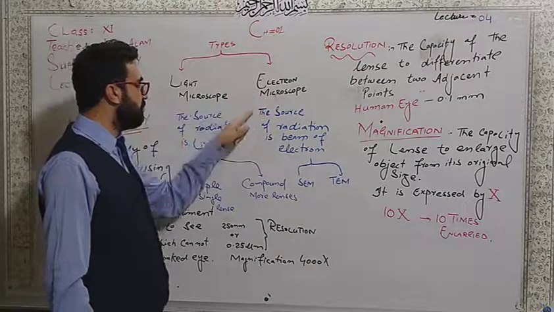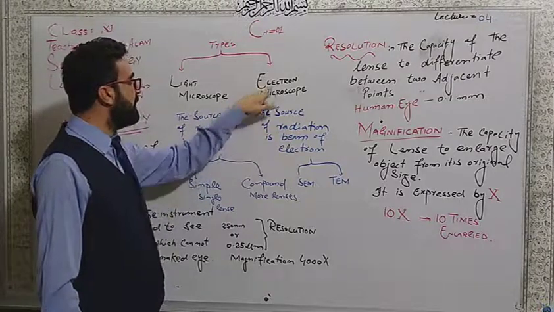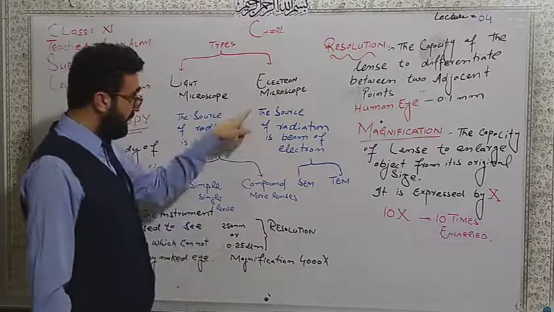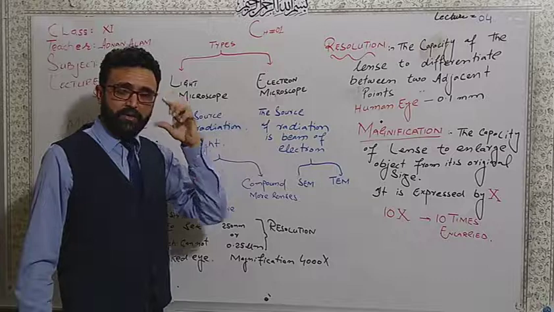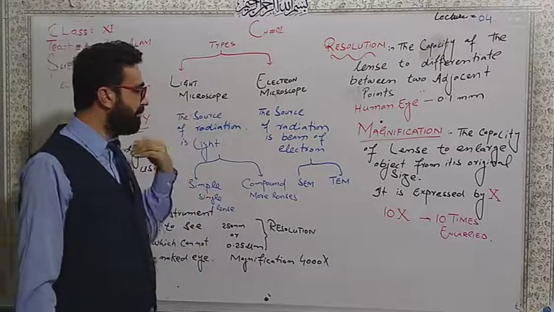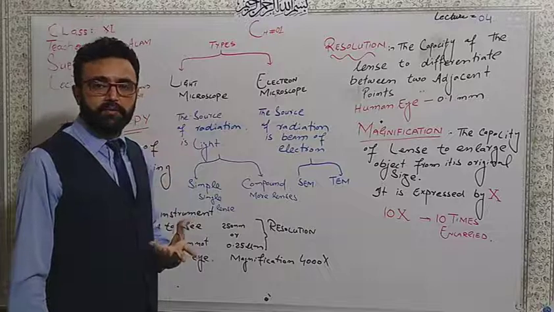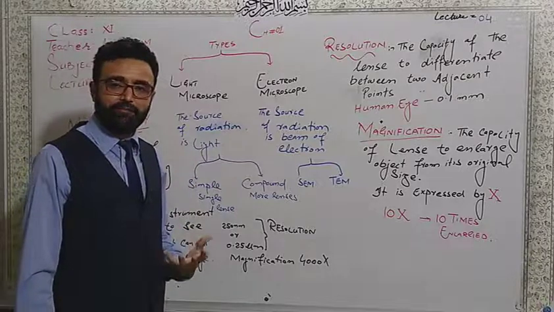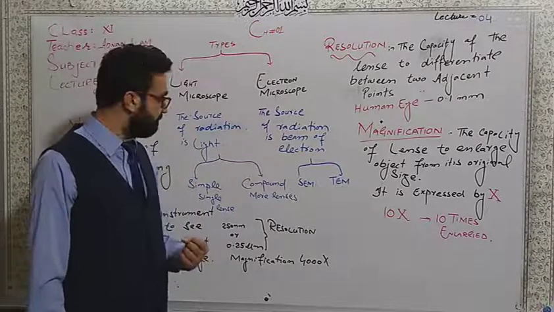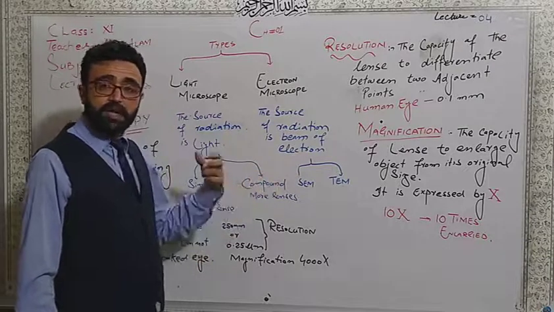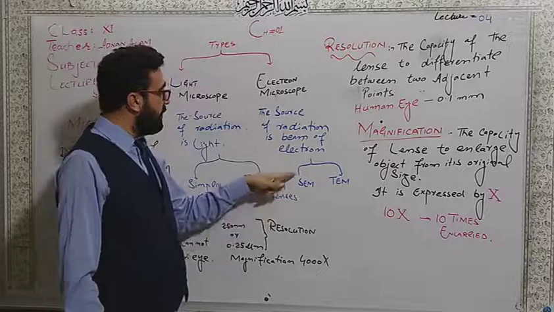The electron microscope, as its name indicates, uses electrons. The source of radiation is a beam of electrons, and it is thought to be the most powerful microscope because it can magnify an object up to 1 million times, and its resolution power is also very high.